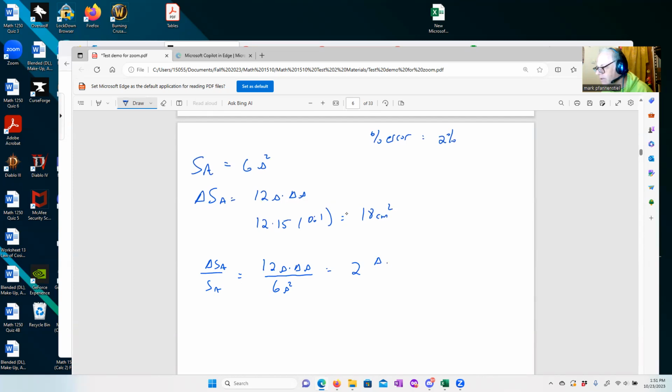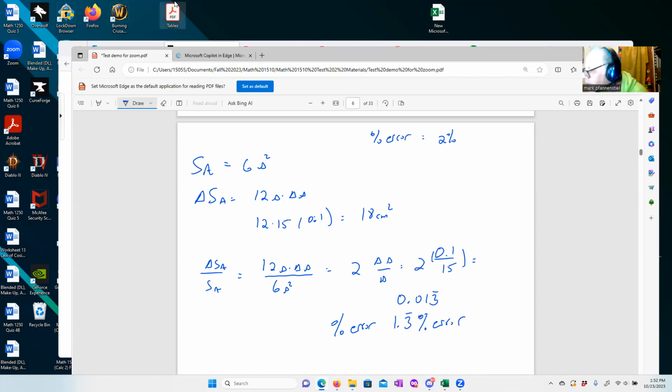So we have 2 times delta s over s, which is 2 times 0.1 over 15. I came out with 0.013 repeating. Again, to get percent error, we move the decimal place over by 2, so that's 1.3 repeating percent error.